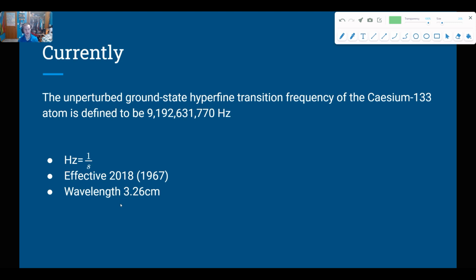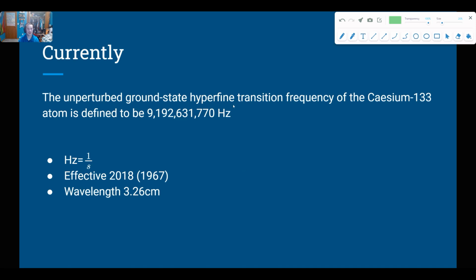Since this transition has a specific frequency, it has a specific number of periods, and you can count how many periods that wave has. Once you reach enough periods, that is 1 second. And these clocks are super accurate. It's honestly a discussion for another video on how these clocks actually work.